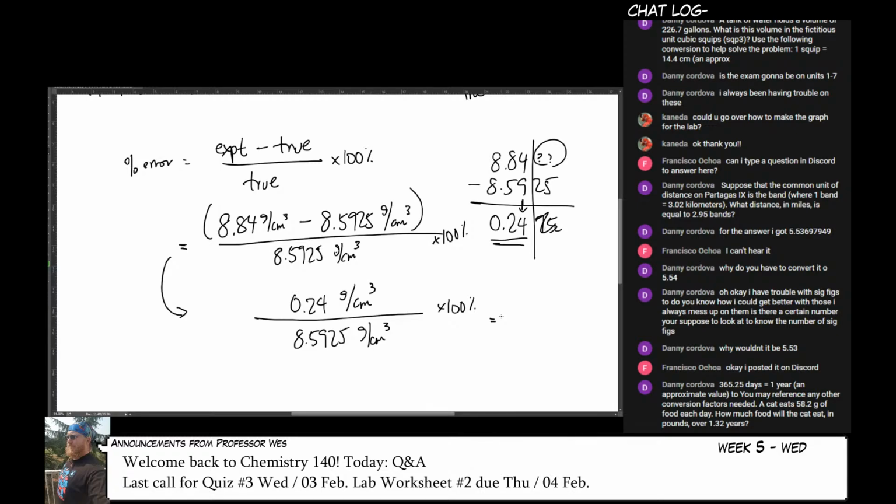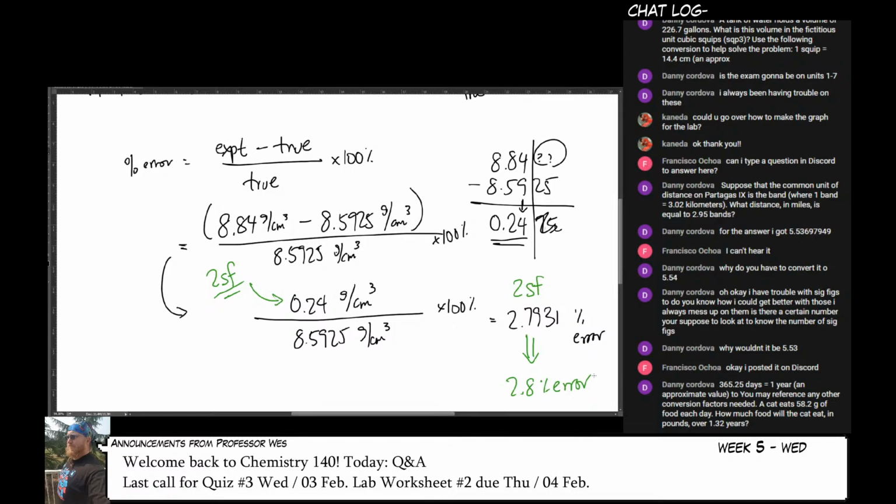So 0.24 divided by 8.5925 times 100%, and I get 2.7931 percent error. But because of the subtraction right here, I only have 2 sig figs. So that means that when I do all this division, my answer should have 2 sig figs. And so this is what I would report for this specific problem.